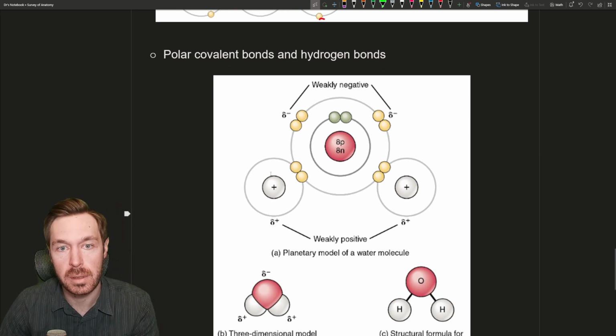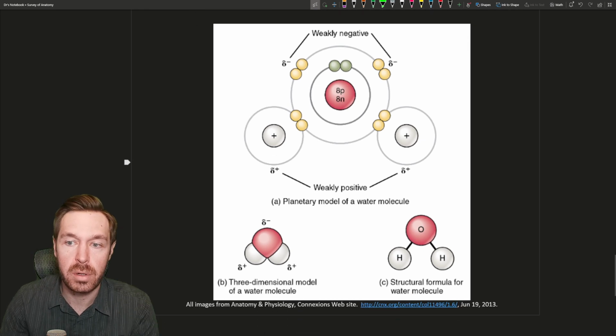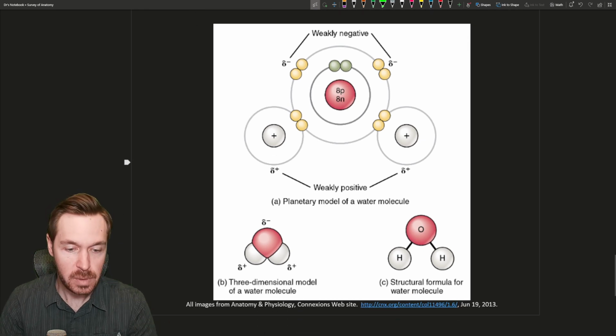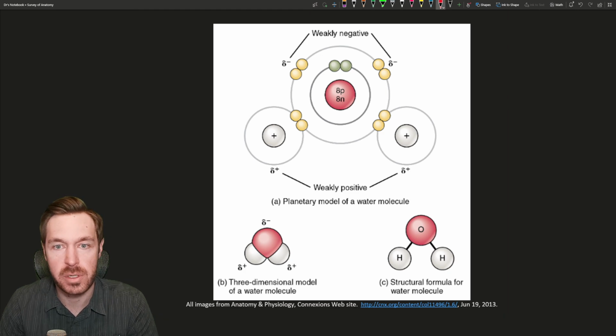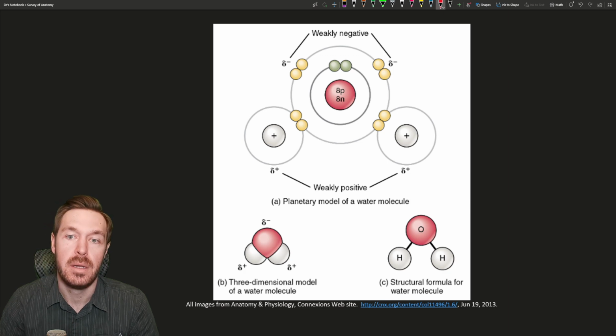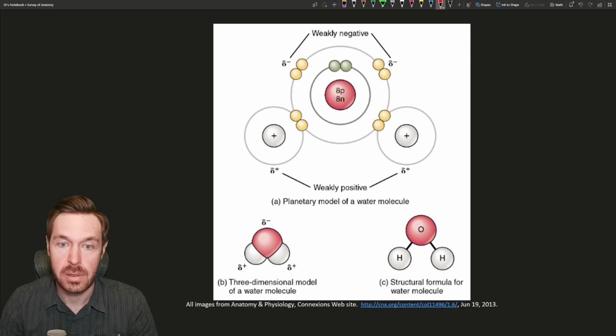Next up, we have the polar covalent bonds, and then we'll talk about hydrogen bonds as well. Polar means there's an unequal charge distribution, which is perfectly fine, and it creates sidedness or polarity. So here is water, H2O.